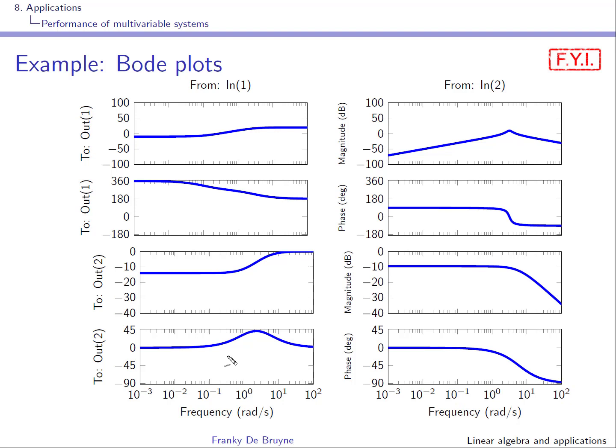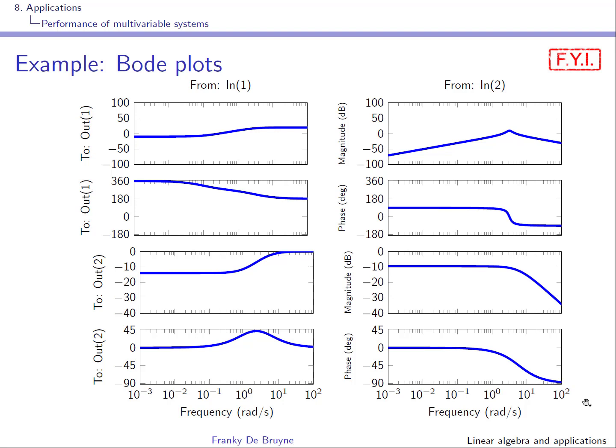So indeed we obtain 4 Bode diagrams. Each time from input 1 to output 1, input 1 to output 2, and then the same thing starting from input 2. So you look at Bode diagrams in a certain direction, because here you assume in this Bode diagram that the second input is equal to 0. Okay, so you have only information in certain directions, where one of the inputs is 0.